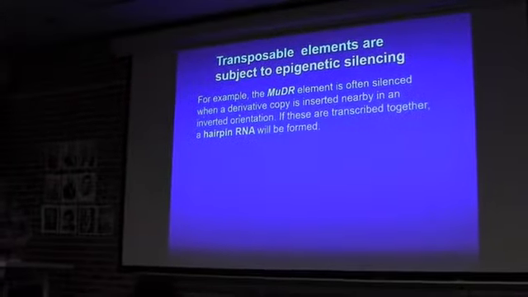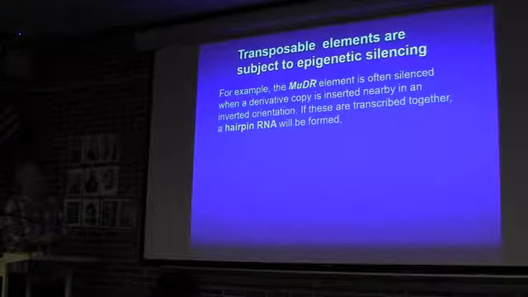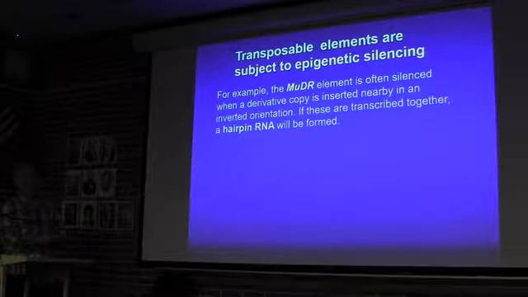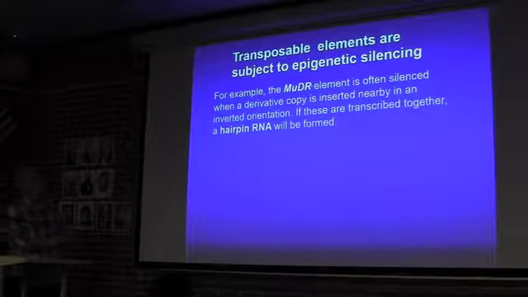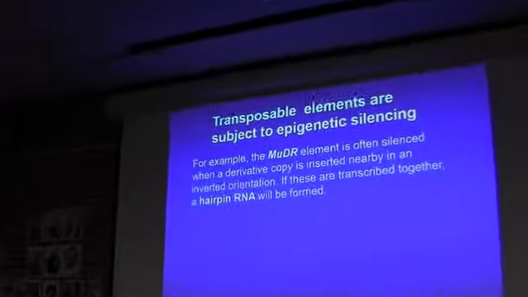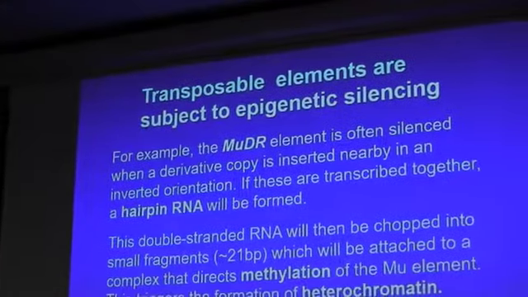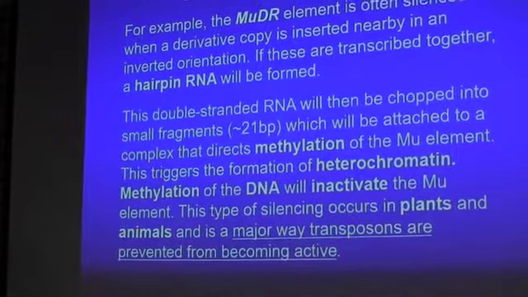Transposable elements are subject to epigenetic silencing. Mu really stands for mutator. It's a transposon in corn. The Mu-DR element is often silenced when a derivative copy is inserted nearby in an inverted orientation. This kind of introduces what we hope to spend a lot more time on.